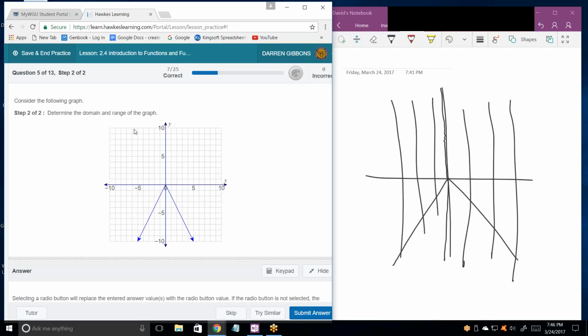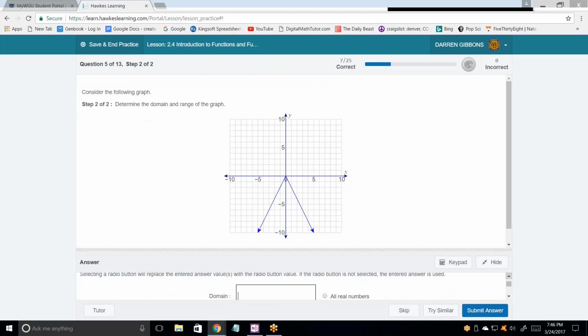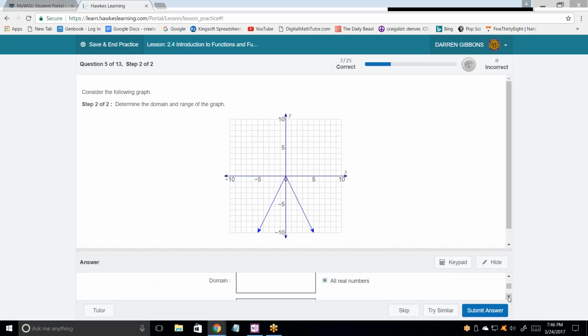Determine the domain and the range. Well, what's the domain? Well, it's an infinity problem again. All real numbers. So they give me a shortcut way of doing it here.